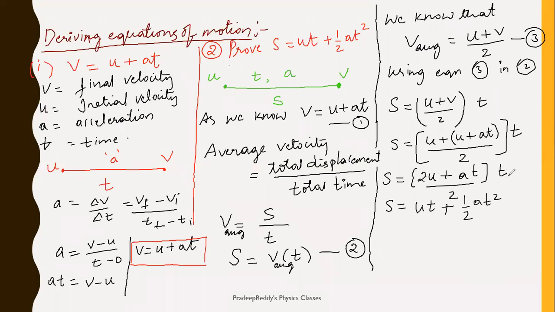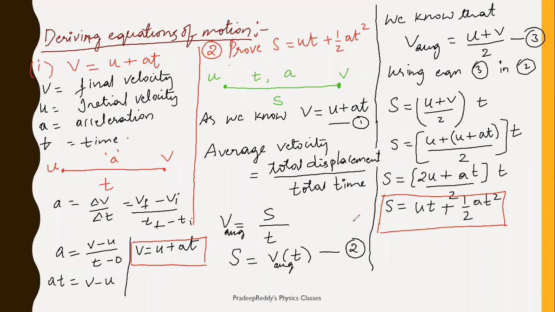Therefore, it will be u into t plus, however, this half will remain for the second term, half a t square. Therefore, the total displacement covered by the body during the journey is written as s = ut + half at square.